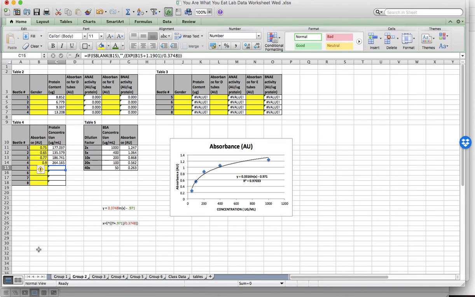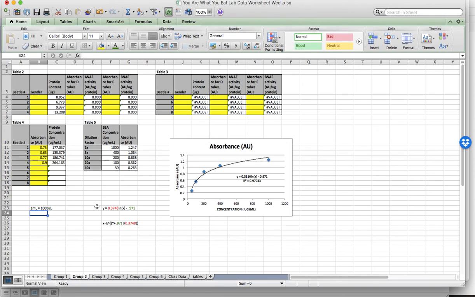So now we want to standardize the amount of protein we loaded. So for this purpose, we will multiply the concentration of our protein sample. So beetle 1, for example, is 0.75. We want to multiply the concentration of 177 by 50 microliters. So since this concentration is per milliliter, 1 milliliter is equal to 1,000 microliters.